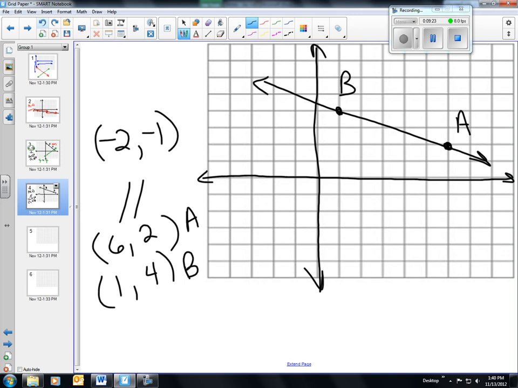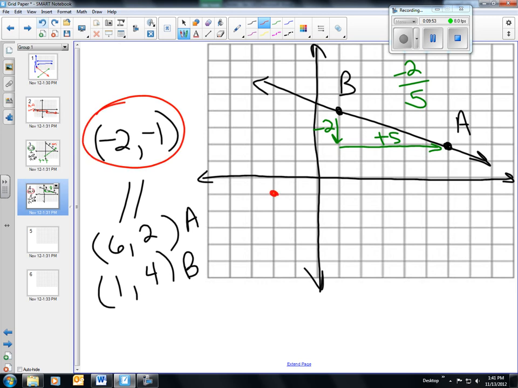And the slope of this line would be then negative 2 over positive 5. So the slope of the line here would be negative 2/5. Okay. Now, if we wanted to graph a line that is parallel to that and running through this point here, well, first we need to graph that point.